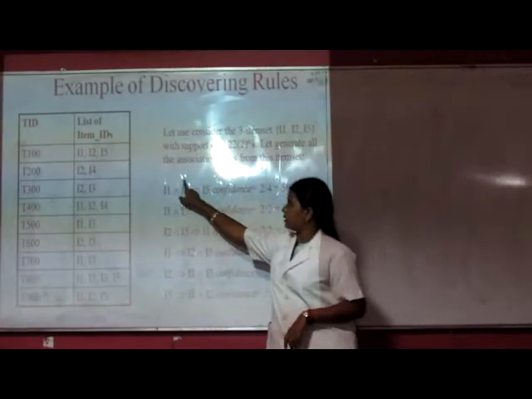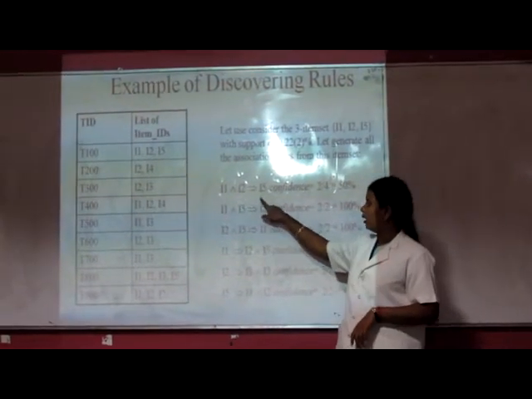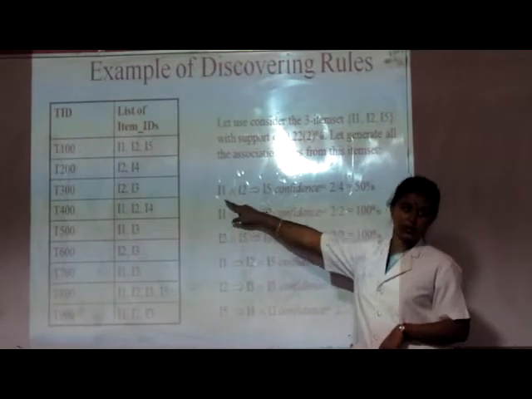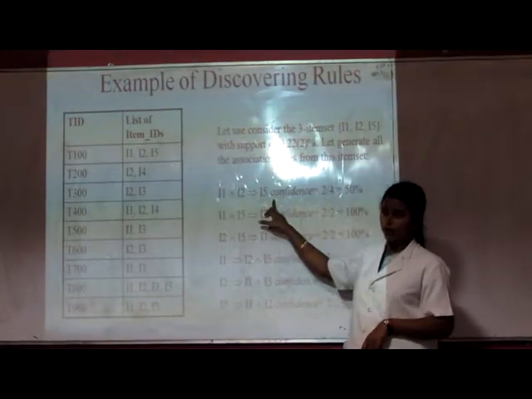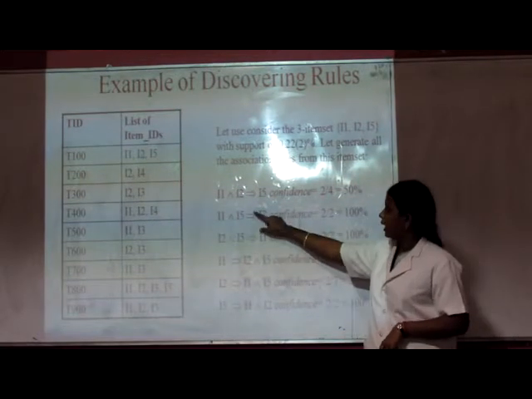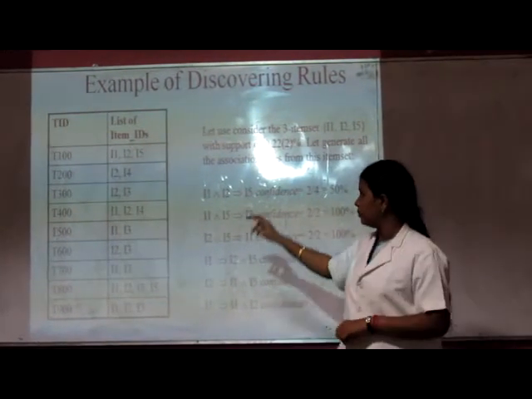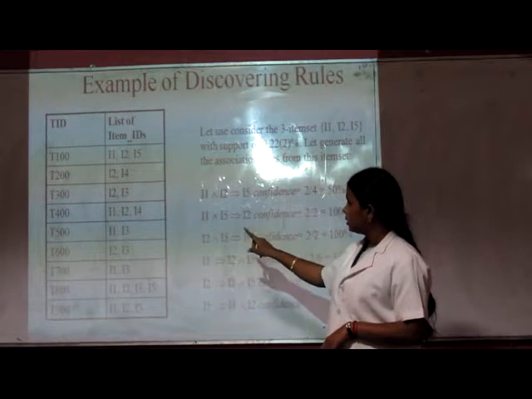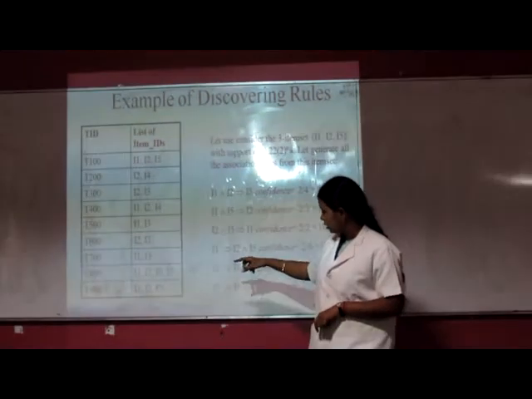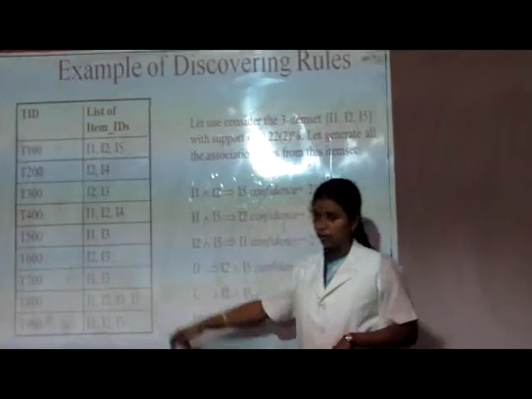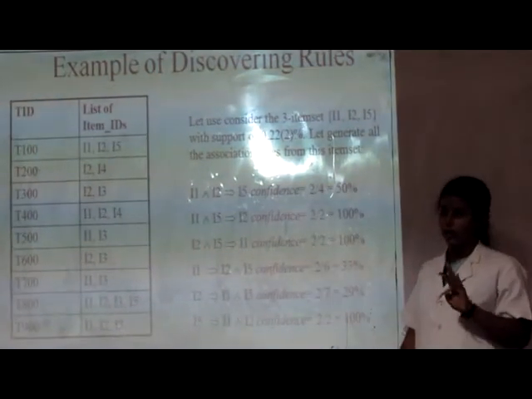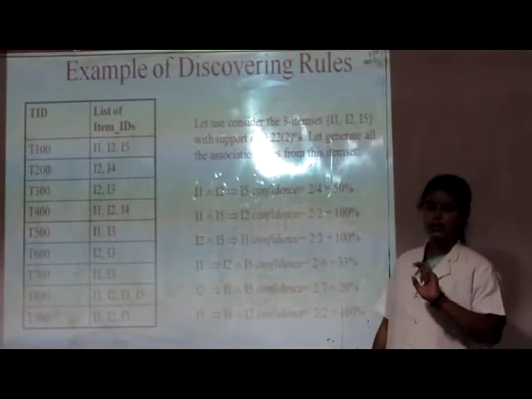So if you take I1 and I2 as X and I5 as Y, this is X and Y. So number of transactions containing X and Y, and only X. I1, I2, how many transactions are present? First transaction, fourth transaction, and then this one. Four is the number of transactions containing I1, I2, the number of transactions with X items.